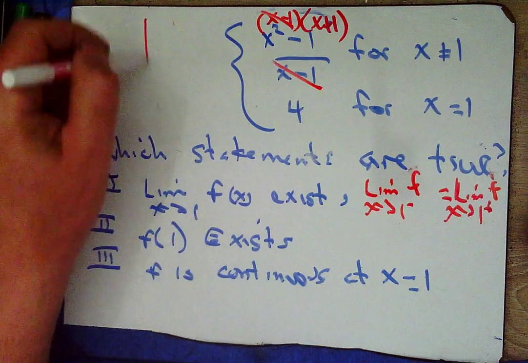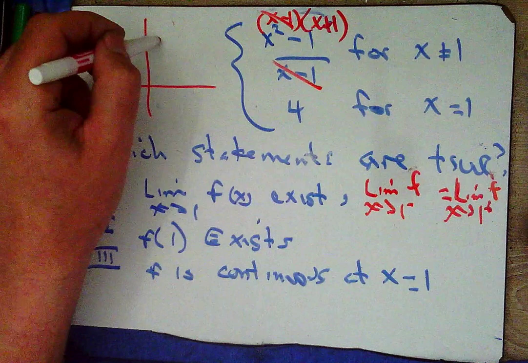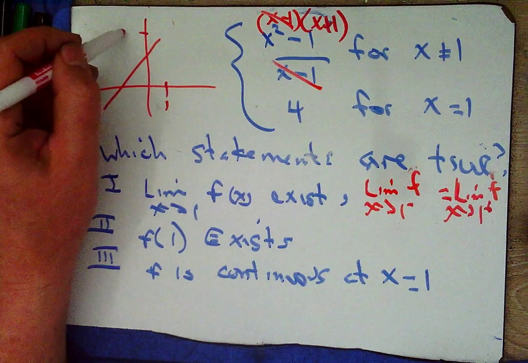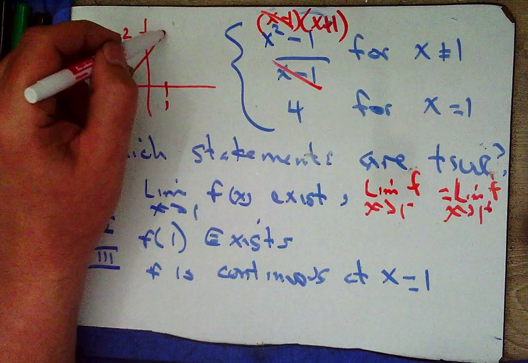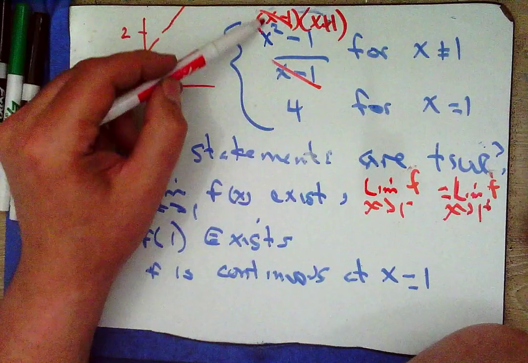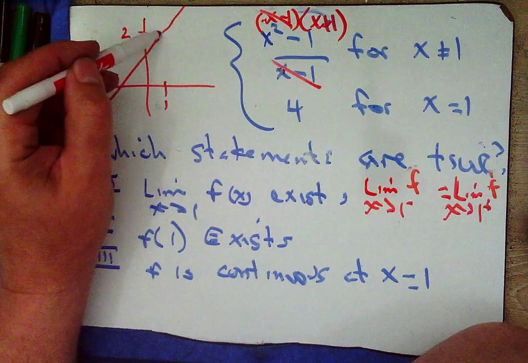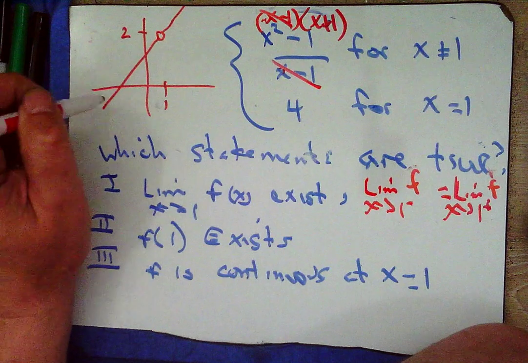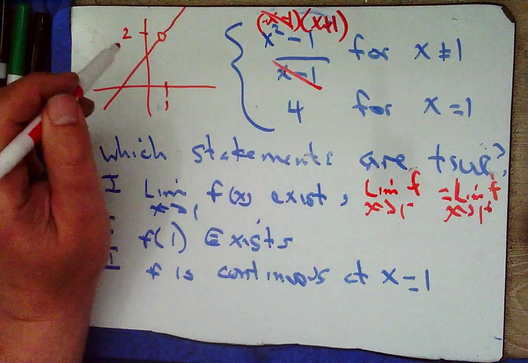So this graph is going to look like x plus 1 for all x's except at x equals 1. Because I cancel these factors, I have a hole in my graph at x equals 1. But that I'm not so worried about right now.